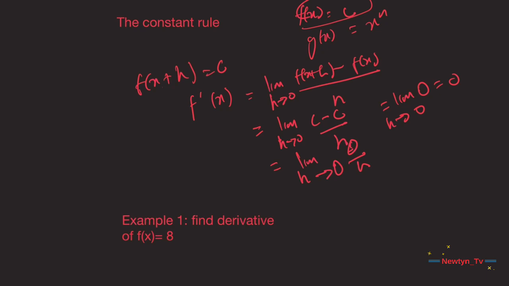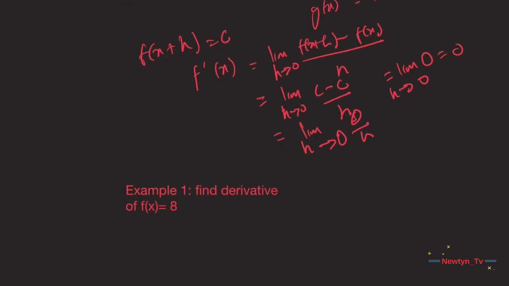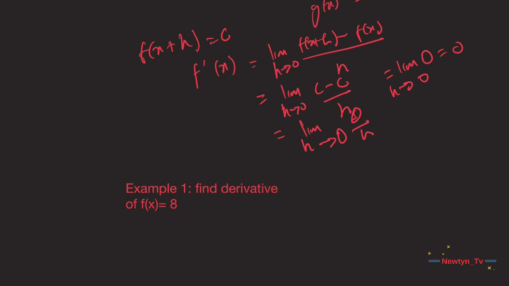That is, since a constant function is a horizontal line, the slope, or the rate of change, of a constant function is just 0. So we can restate it in the form: let c be the constant.